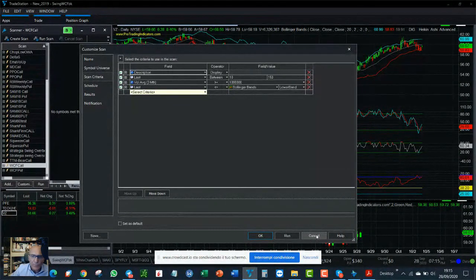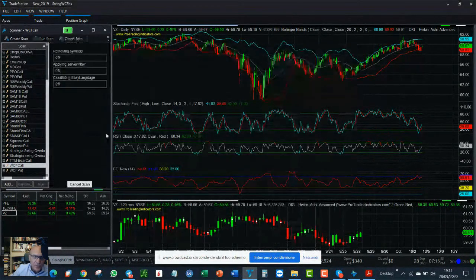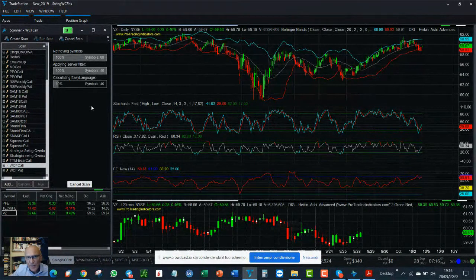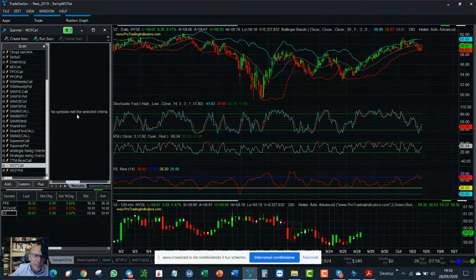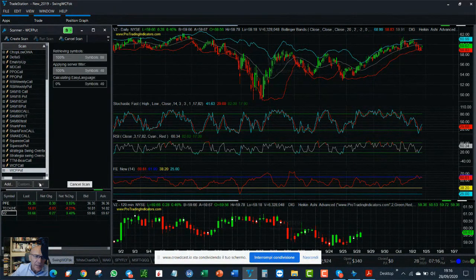Right now I'll try an example to see if there are any stocks available at this moment, but I doubt it, because it's 7 here. Exactly, no symbol meets the criteria. Let's see if we have some candidates for the put option, and we just wait till the scan does its job.